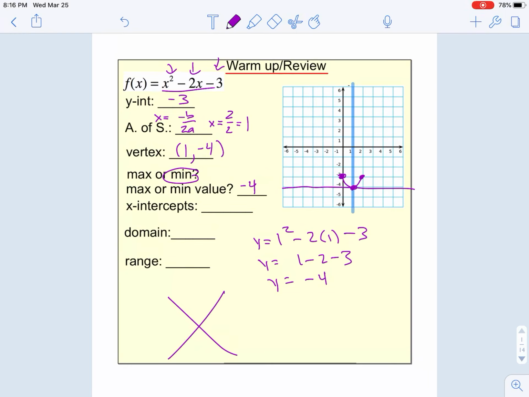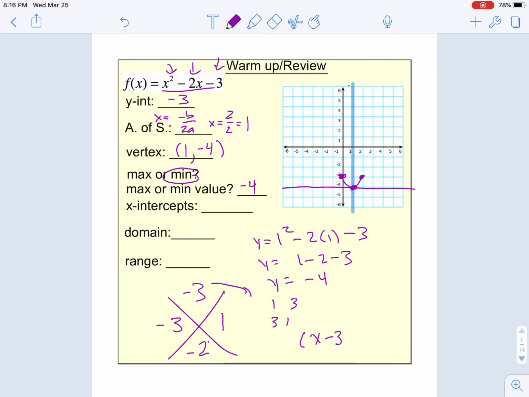All right, x-intercepts. Remember, with x-intercepts, we need to use our x, so we factor: -2 in the middle, -3 at the end. -3 is 1 and 3 or 3 and 1. Not too many options there. If I want to get to a -2, -3 times +1. Product is -3. Sum is -2.